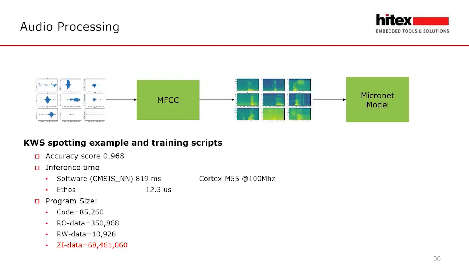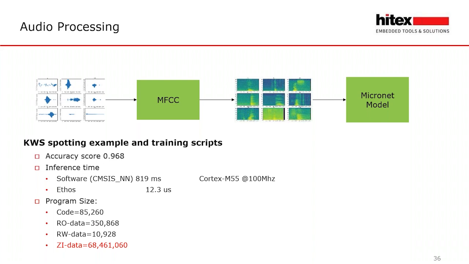So we run our input audio data through the MFCC, and we get a spectrogram picture of the word or the sounds that we're looking at. This picture can then be interpreted by a trained convolutional neural net to give us an output to say on, off, up or down, etc. This is the method used typically for keyword spotting.